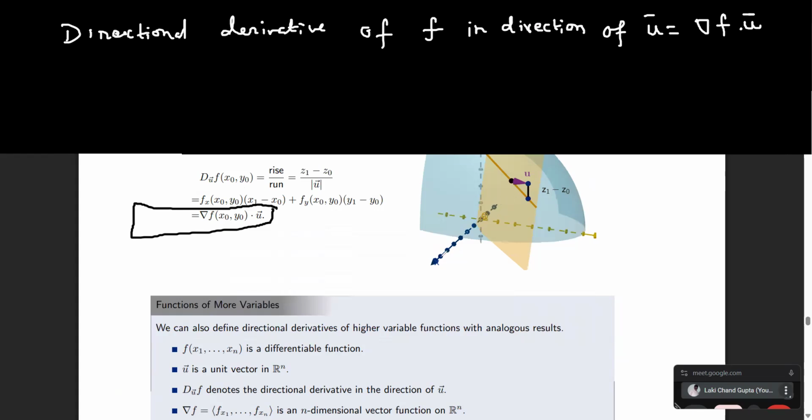Suppose there is a function and you want to find the directional derivative. Directional derivative means the plane is perpendicular to this function. So first I will change the function into a vector, then find its normal vector. You will get this.